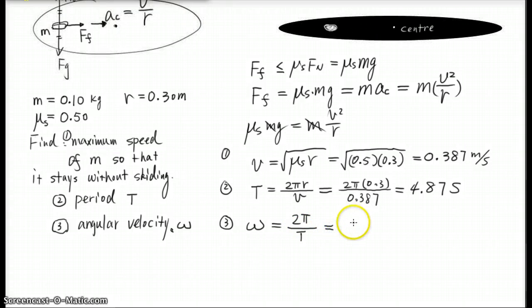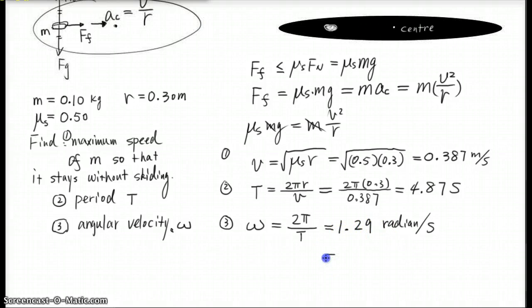So very simple. This should equal 1.29 radian per second, and that means in 1 second the object is going to sweep over an angle of 1.29 radian.